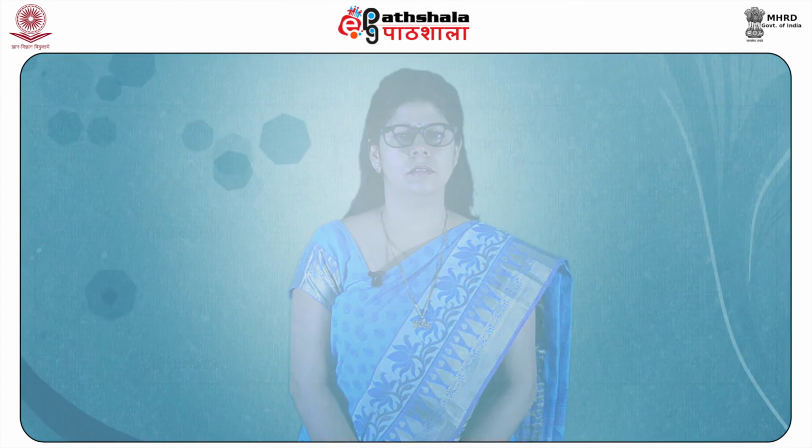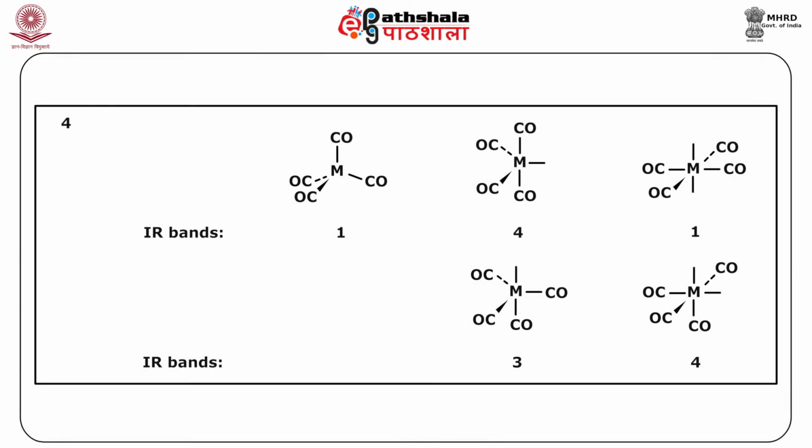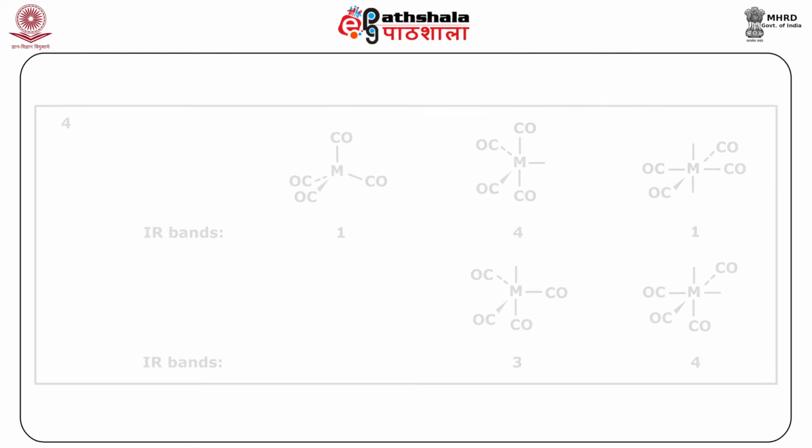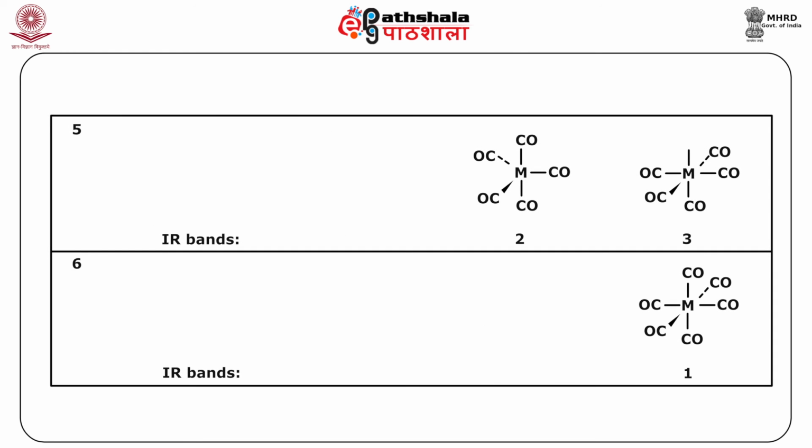In the octahedral complexes containing four carbonyl ligands, the one where all four carbonyls are planar and in equatorial position, being more symmetrical, displays only one IR band, whereas the other isomer displays a greater number of bands. Interestingly, the pentacarbonyl metal complexes can have two types of structures.